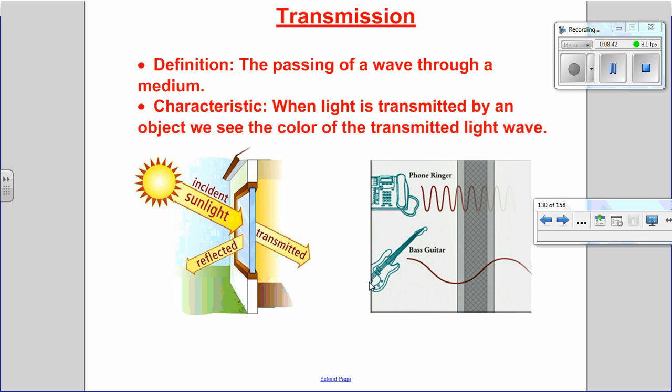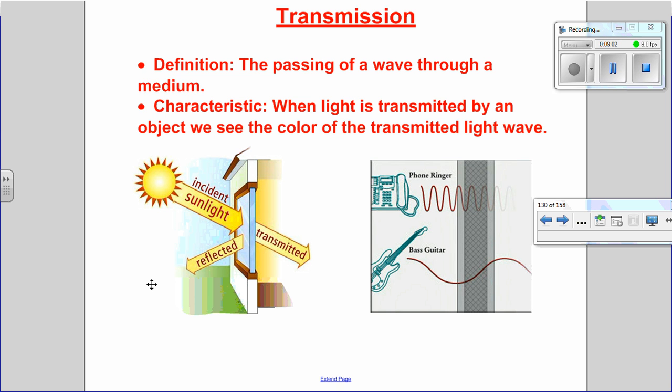So you can see here in this picture, you've got sunlight. It goes through this glass, and this is what we would call transmission. You also have some light that gets reflected, which is why we can see our images on a glass. If you were to walk by a glass window, you can see your image in that glass window.